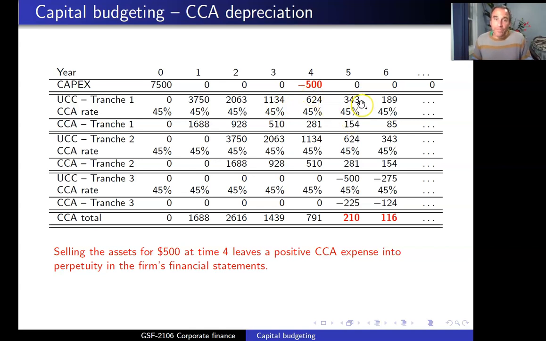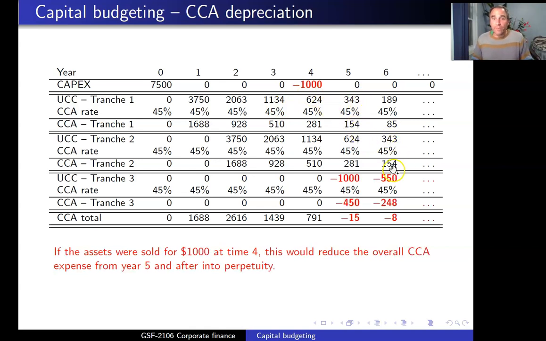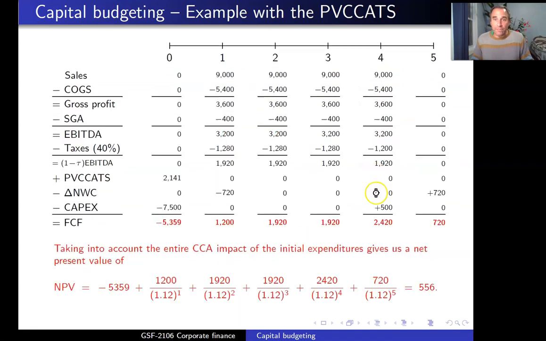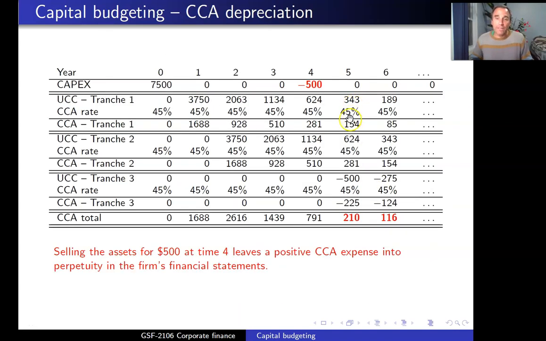Okay, what capital is the CCA depreciation applied to? So we have the first portion of CCA, which gives us a depreciation of 154, and a second portion that gives us a depreciation of 281. So this is 45% applied to 343 plus 624.